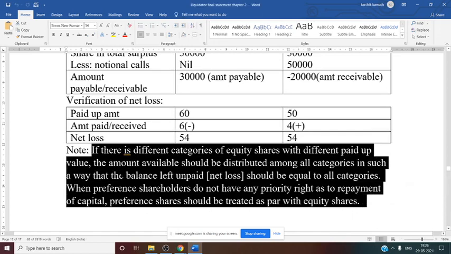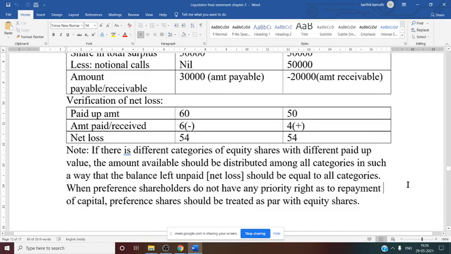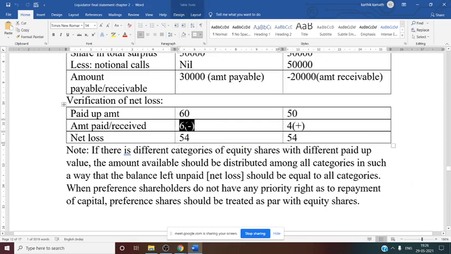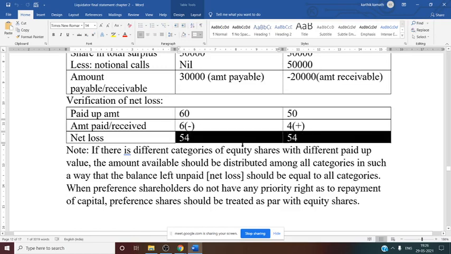If there are different categories of equity shares with different paid up value, the amount available should be distributed among all categories in such a way that the balance left unpaid, that is nothing but net loss, should be equal for all categories. In the sense, here after making the payment of 6 value per share, the remaining 54 value per share is not paid. That is why it is a net loss. So net loss should be equal, they are saying. That means for both the categories, the answer should be equal.